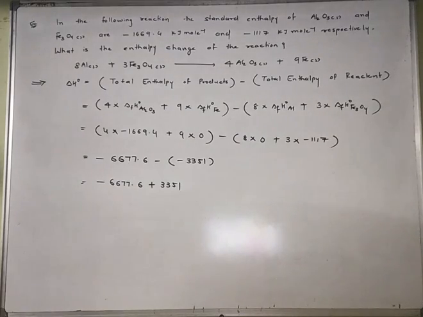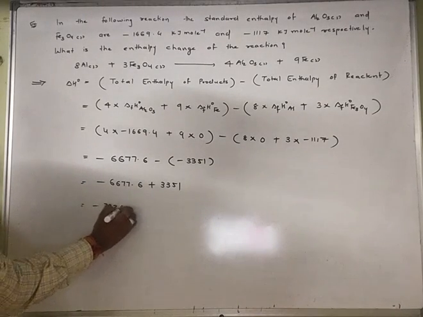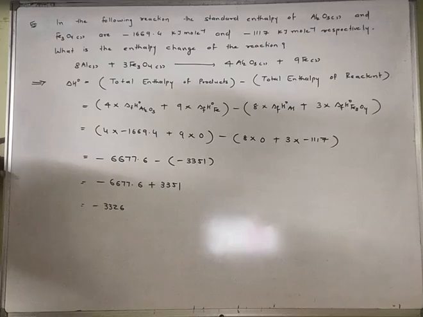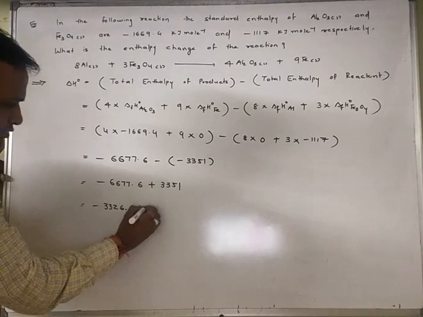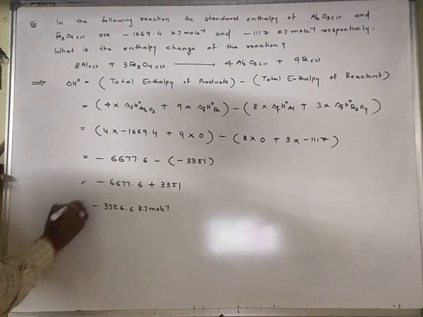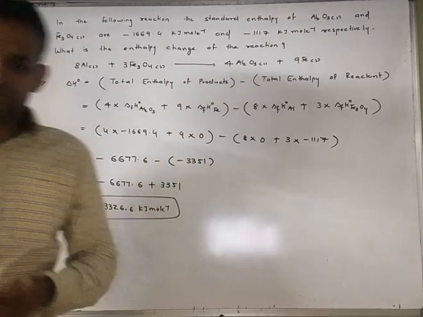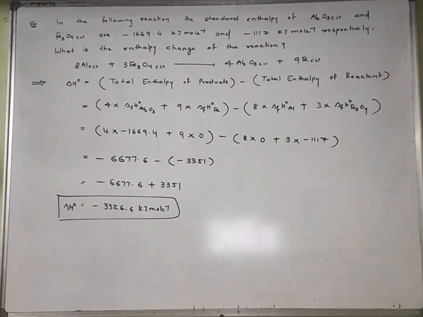Is it clear? Okay, now you can get the answer, that is minus 3326.6 kilojoule per mole. So this is the standard change in enthalpy. Understand? Write down.